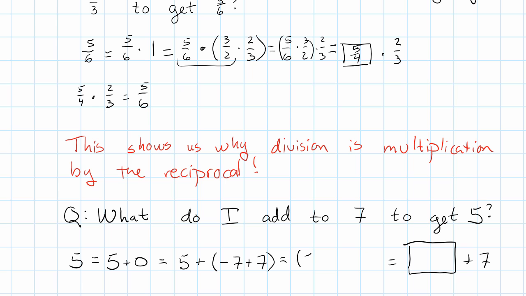Now, the associative property says that's 5 plus negative 7, plus 7. 5 plus negative 7 is negative 2. What do I have to add to 7 to get 5? I have to add negative 2.